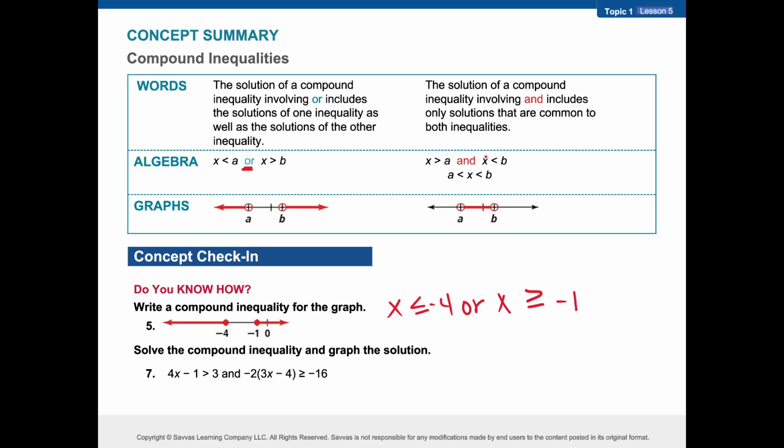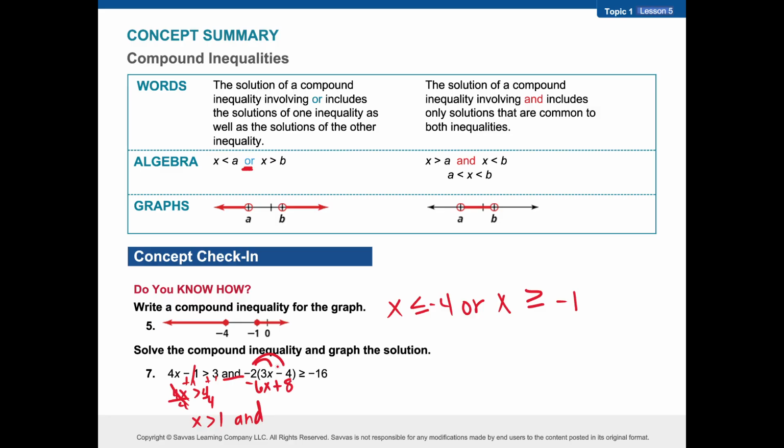Here you see how the ands can either be written with the word and or the expression in the middle. Here has the word and in the middle. Add 1 to both sides. 4x is greater than 4. Divide by 4. X is greater than 1. And distribute. Watch your signs.